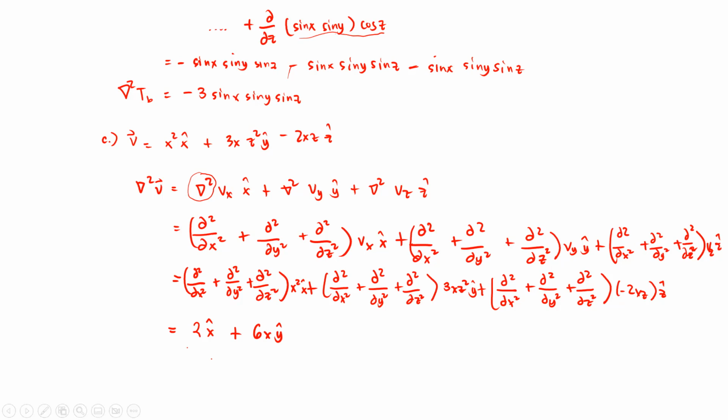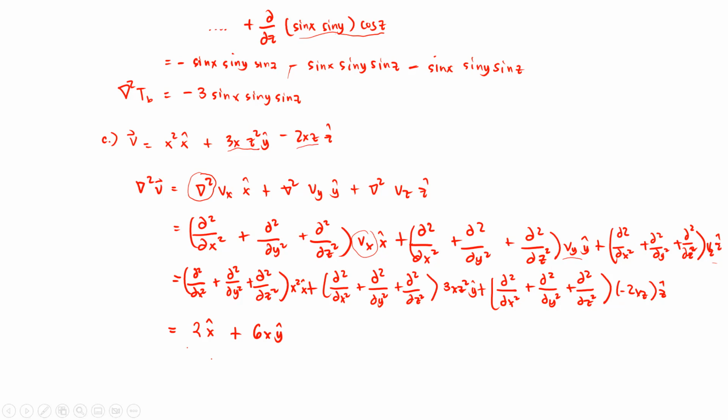Okay, so we just identify v sub x, v sub y, and v sub z. So v sub x is x squared, v sub y is this one, 3x z squared, and then v sub z is negative 2x z.